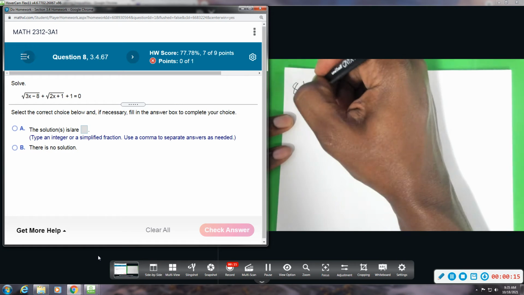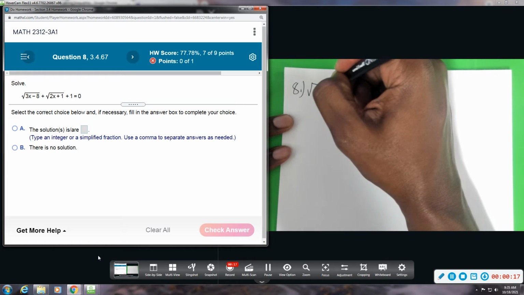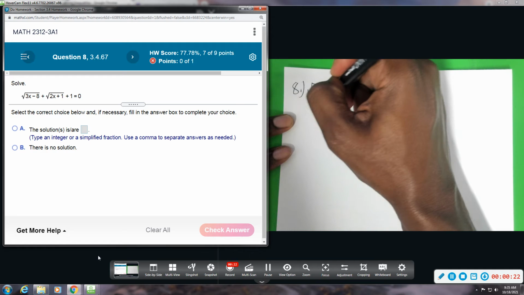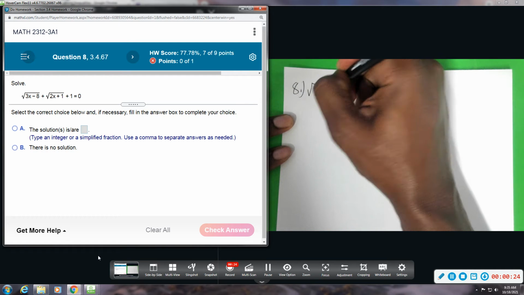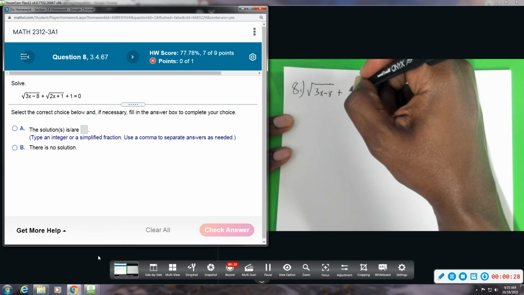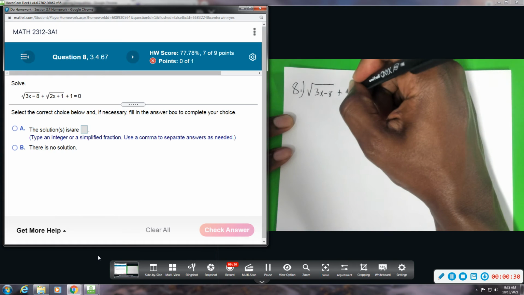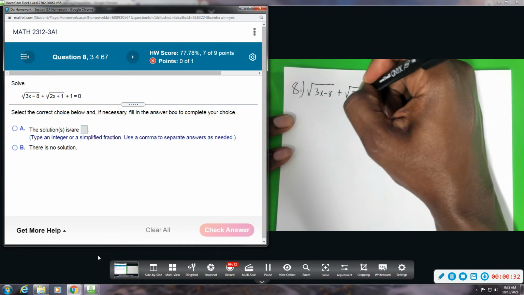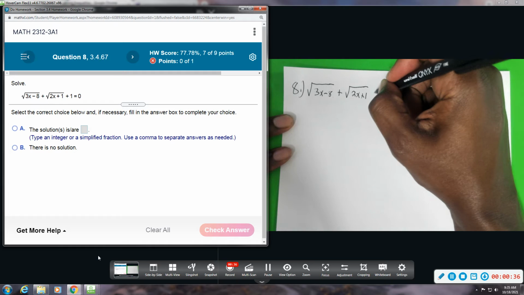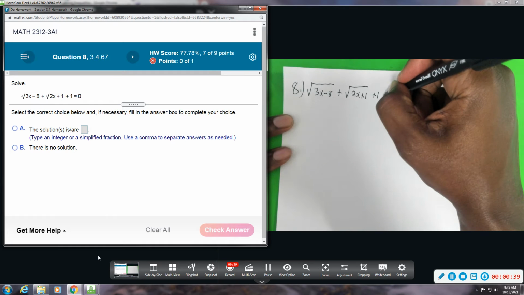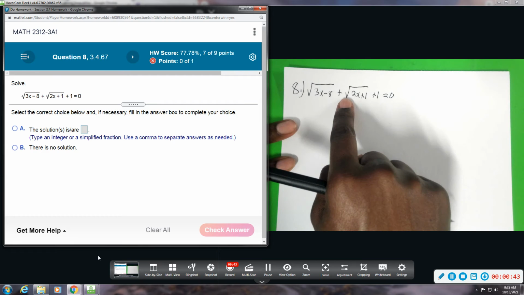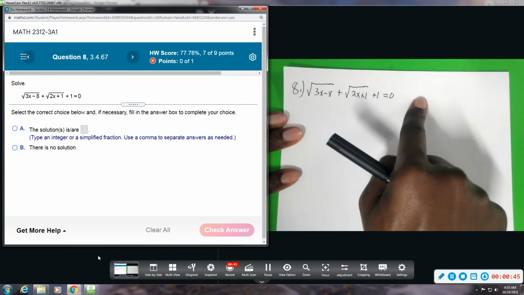So we're going to do square root of 3x minus 8 plus square root of 2x plus 1 plus 1 equals 0.